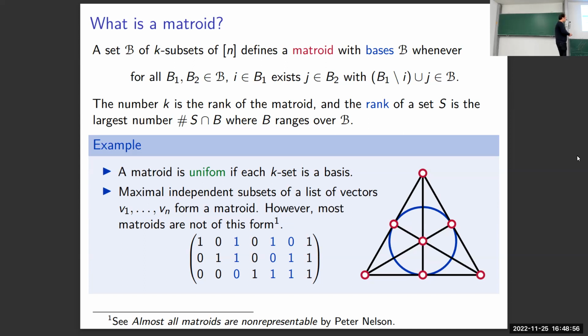And if you're a little bit careful, then you will figure out that with this particular example, columns 3, 5, and 6 might be dependent, might be independent. That actually depends on your field, or the characteristic of your field. So if your characteristic is 2, then they are dependent, and otherwise they are not. So in the picture, you get the affine plane where you have these 3 points on a line or not.